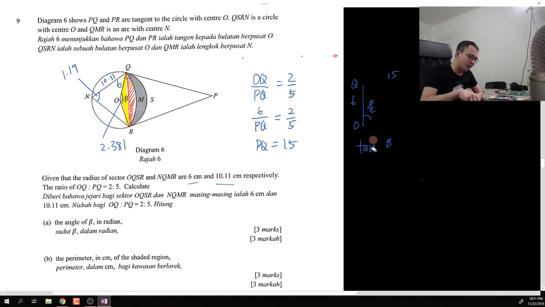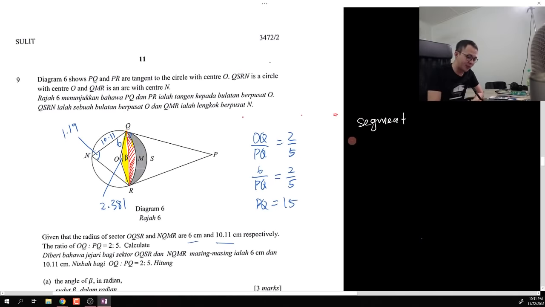So the first thing is how to find the area of segment. In order to get the area of segment, I have the segment formula. The segment basically equals half r squared times theta minus sine theta. Right, this is the formula to find the area of segment. So you should know the area of segment belongs to NQMR.